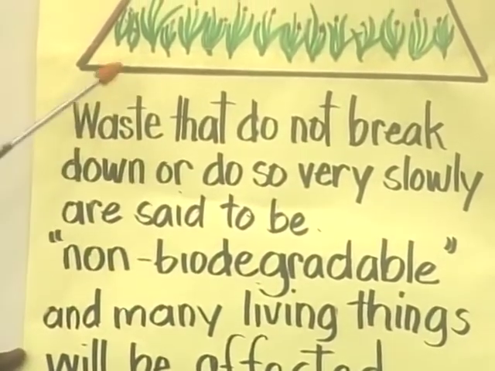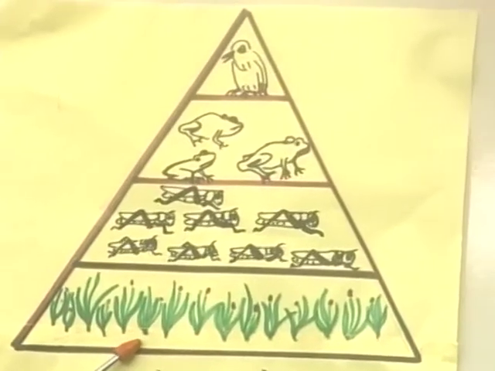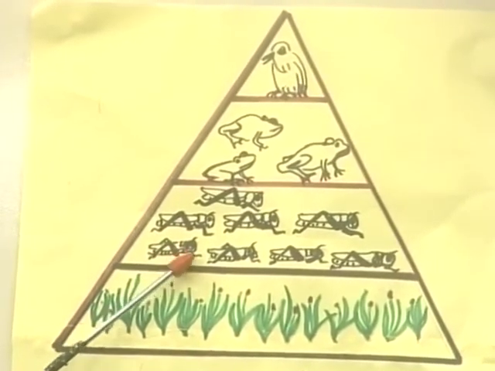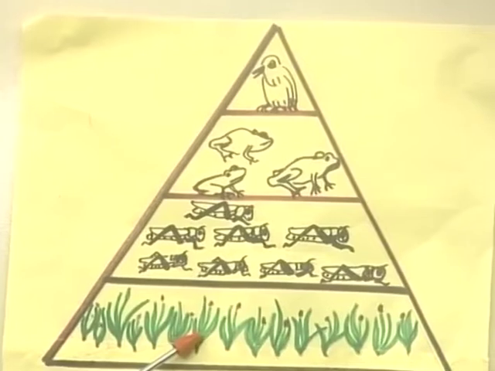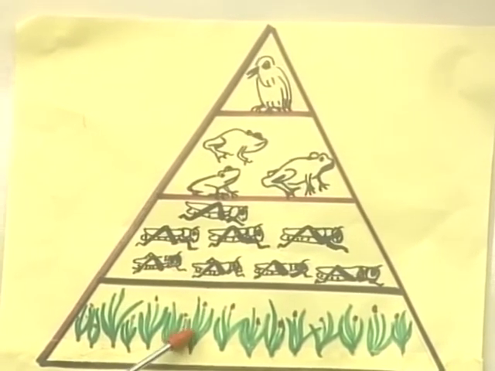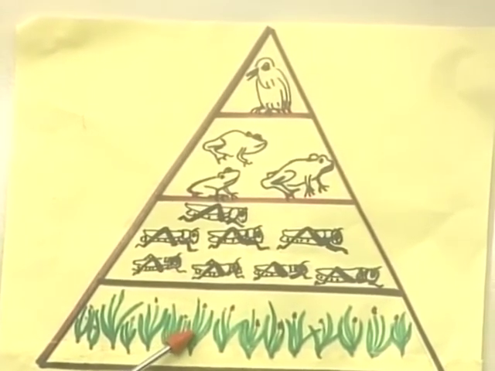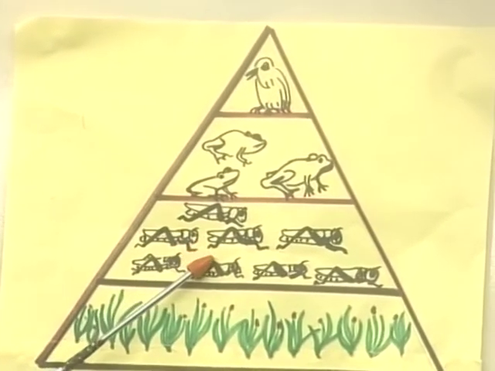So if we apply this chemical on these plants, the insects might take this plant as food. And when it takes it, that chemical within the plant is inside the insect already.